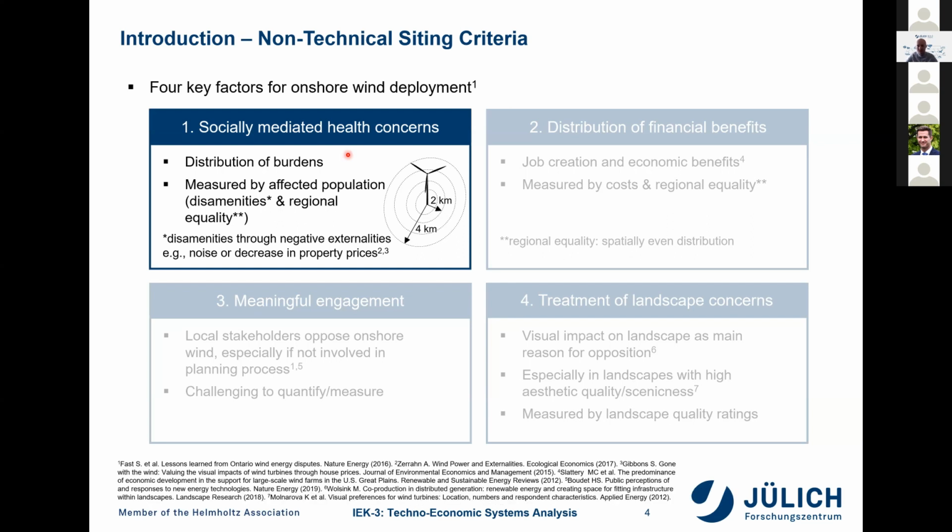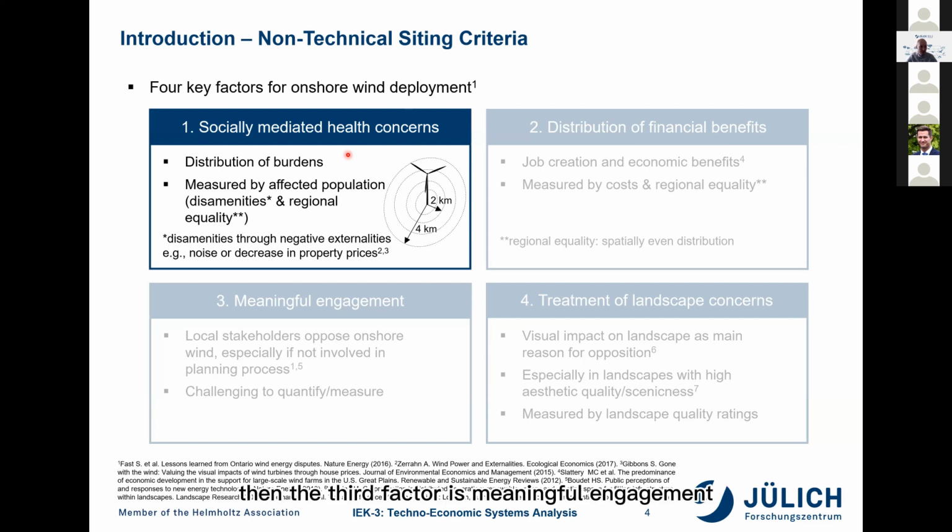On the opposite, there are also financial benefits which could be distributed, like job creation or economic benefits in the region. These financial benefits could be measured by costs or also regional equality.